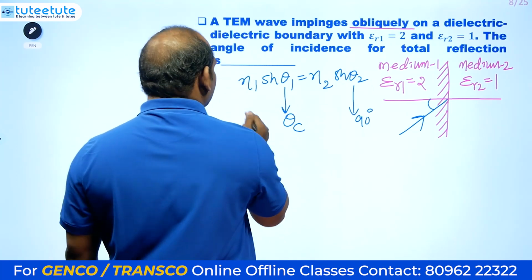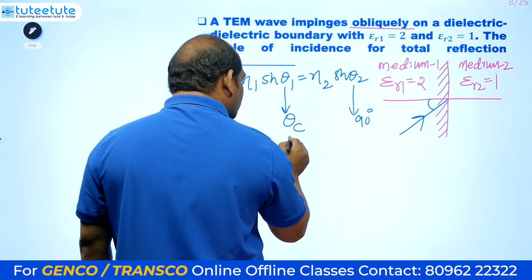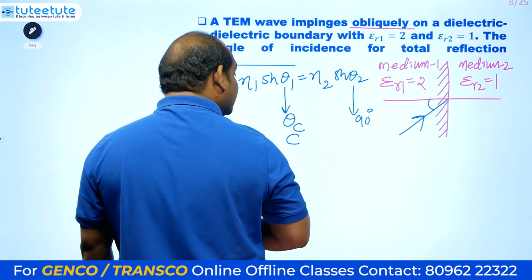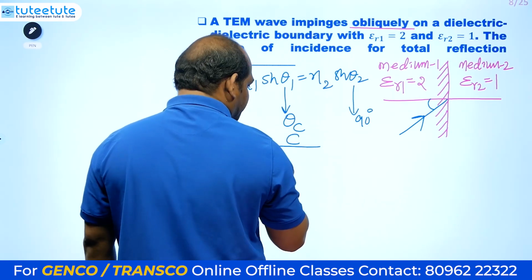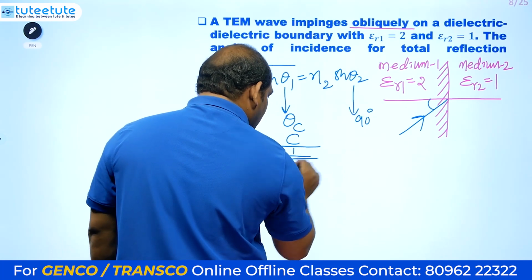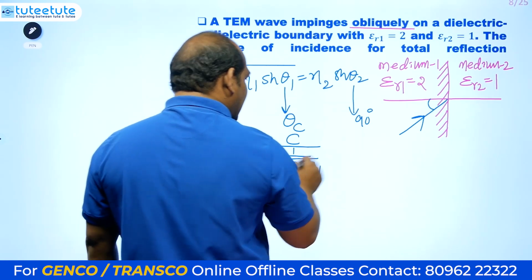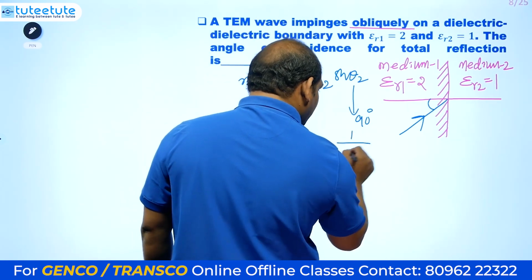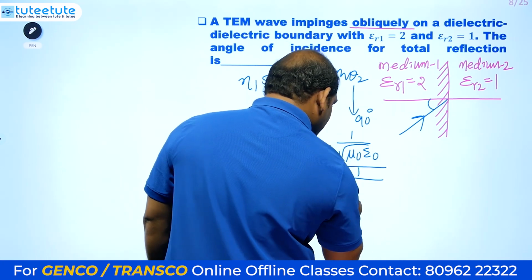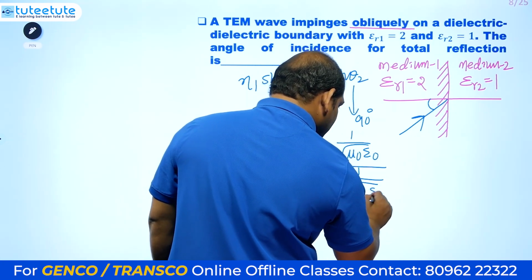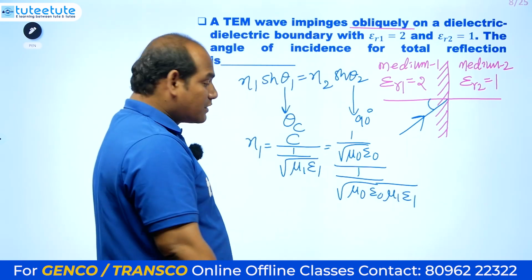So eta 1 is equal to the velocity of the wave in air divided by the velocity of the wave in the medium. That is given by 1 by square root of mu naught epsilon naught, divided by 1 by square root of mu1 epsilon1.